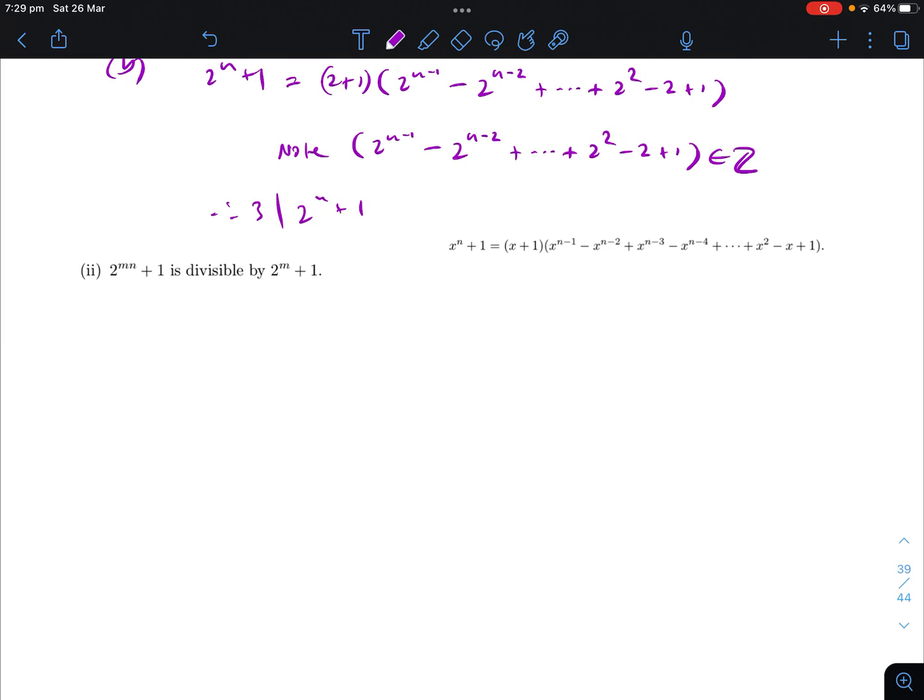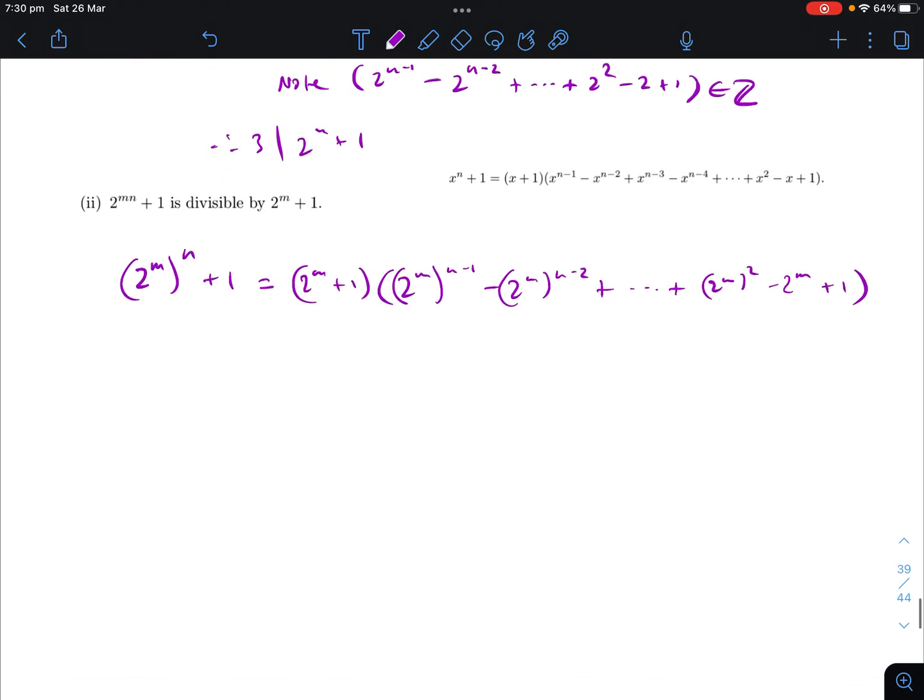So 2 to the m to the n plus 1 equals 2 to the m plus 1 times 2 to the m to the n minus 1 minus 2 to the m to the n minus 2 plus ellipsis plus 2 to the m squared minus 2 to the m plus 1.